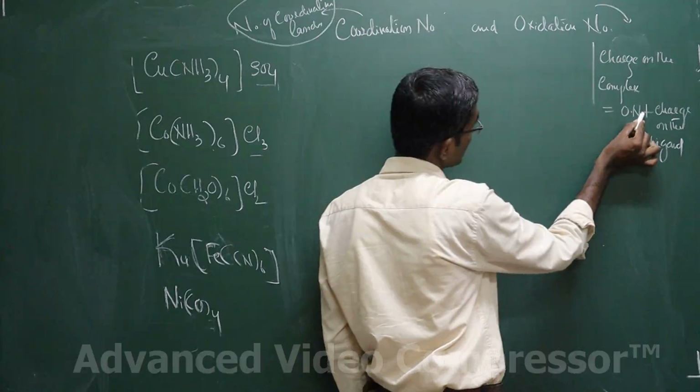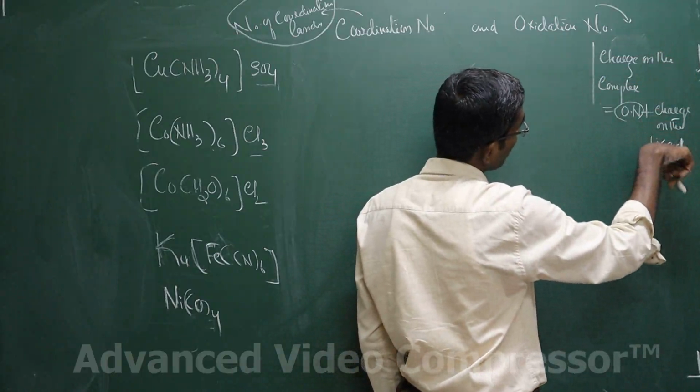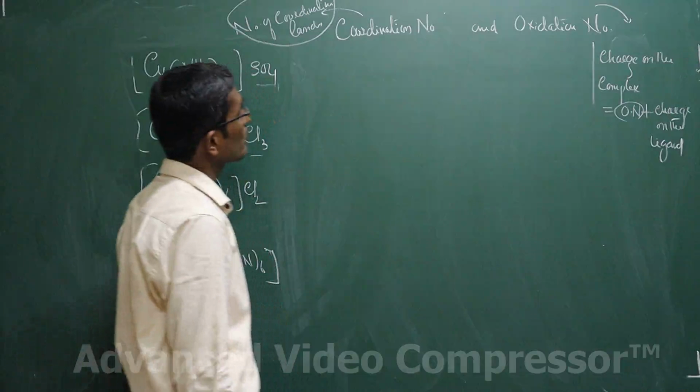Or else the oxidation number of the central metal ion is equal to charge on the complex minus charge on the ligand.